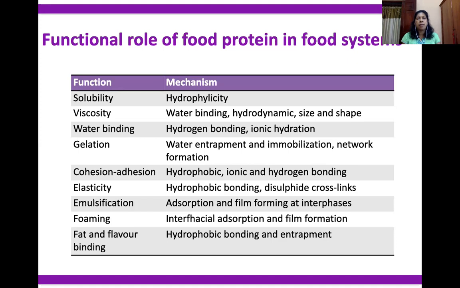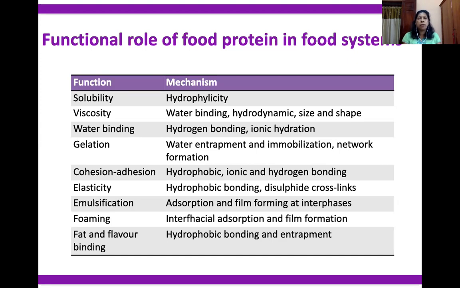Because raw egg also has 90% water, and fish also has a high amount of water, 80% water. So what happens once you mince, blend, take minced fish, and compare it with the raw egg white?